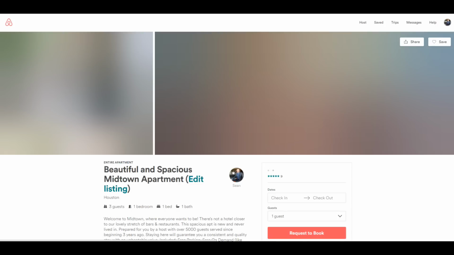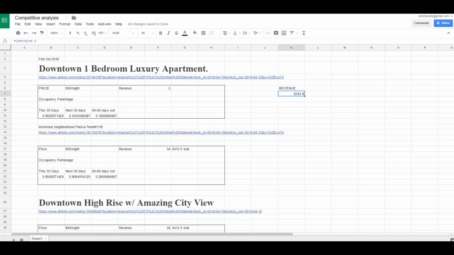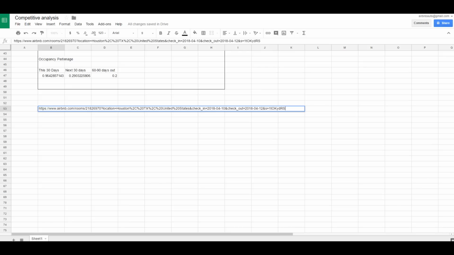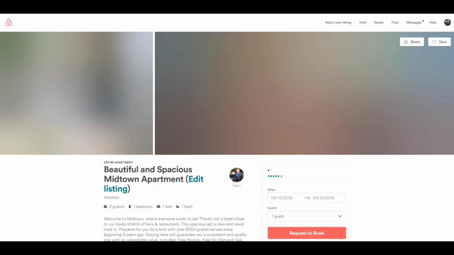So let's copy the link for this one. And this one's actually the same floor plan as the last one that I just showed you of mine. I pick up 3 properties per building typically. It just makes it easier to manage. So let's put the link there. And then let's copy the name.